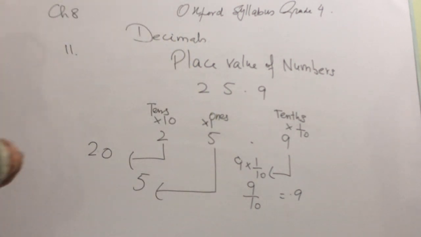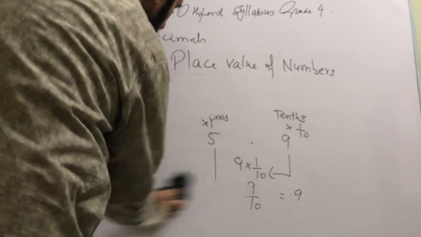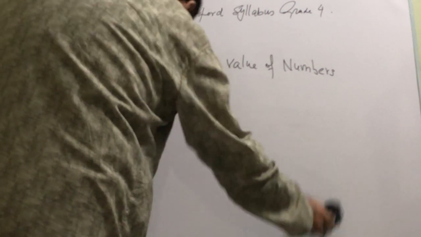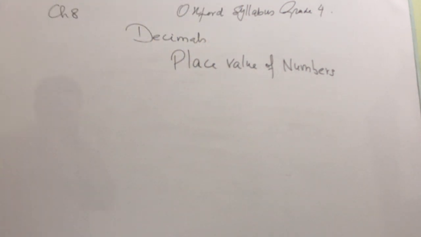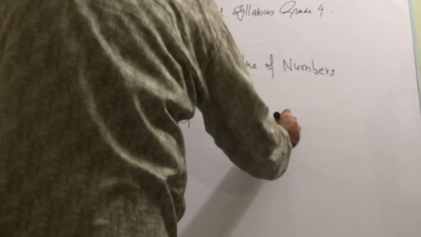Now, question number 12 is also related to the place value of numbers. We'll go for 2 parts, total 4. The first part A is 94.7.